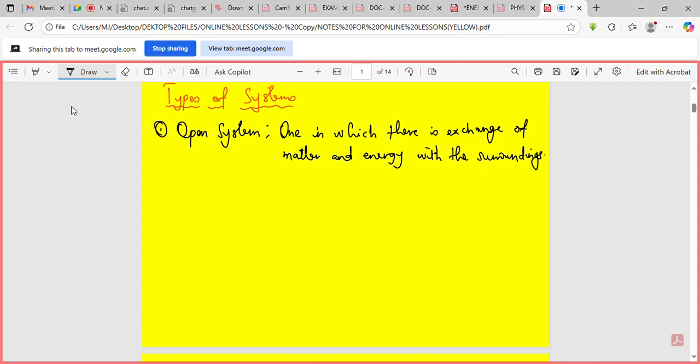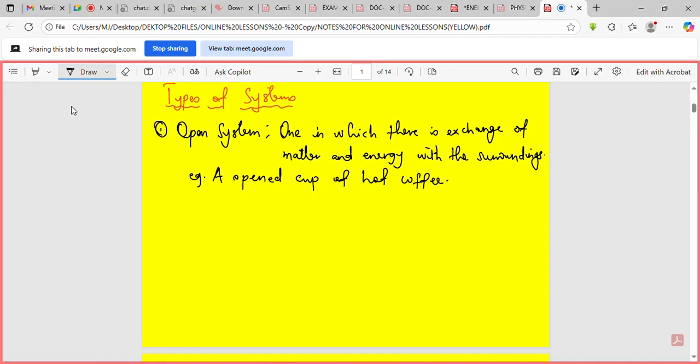So we can give an example like the one I just stated. Let me put it this way. Example: an open cup of hot coffee.